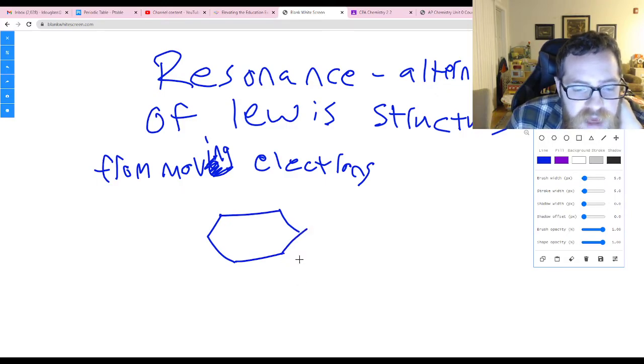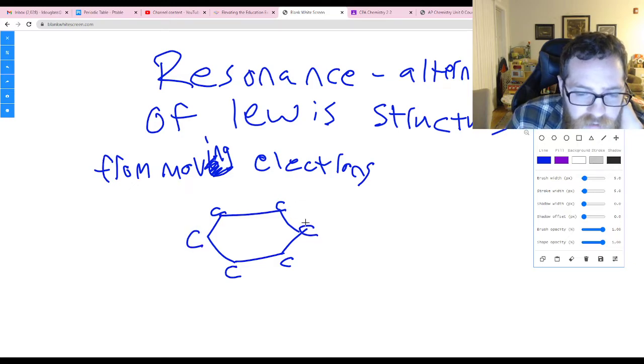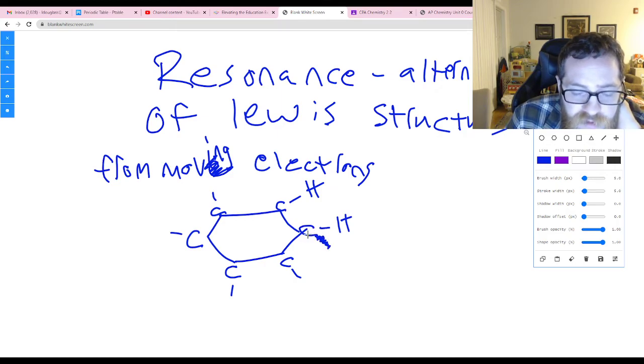This is a benzene ring. Each of these corners are carbons. They are all attached to a hydrogen. I'll let you get the picture. They also have double bonds here, here, and here.